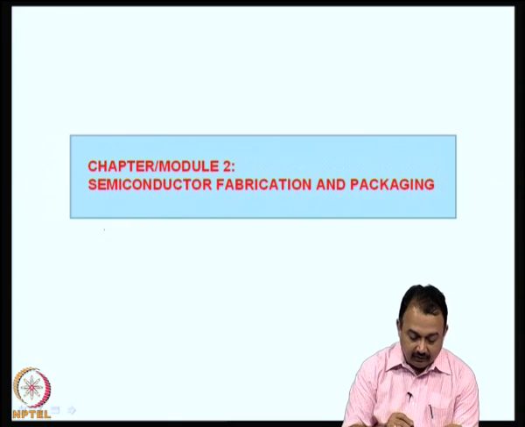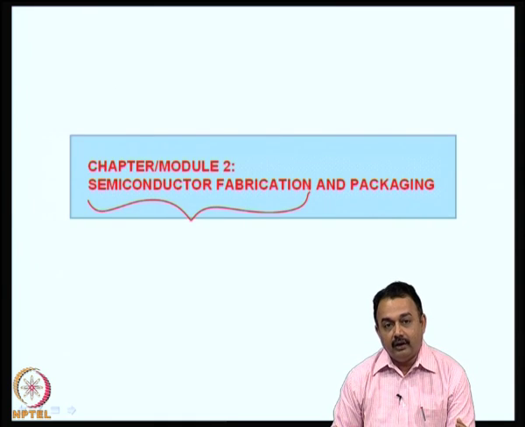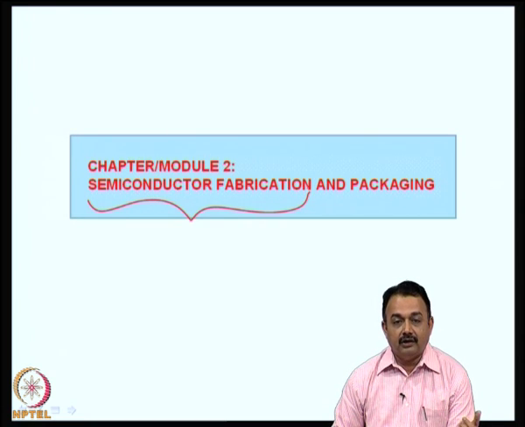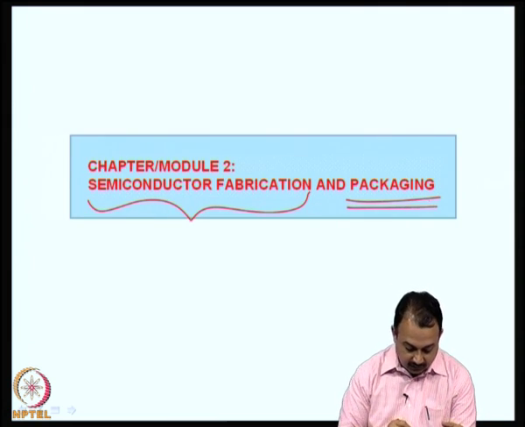So, we would like to spend some time on looking at how a semiconductor fabrication process has evolved and what goes into the manufacturing of an integrated circuit or a known good die, and from that die how packaging is carried out.